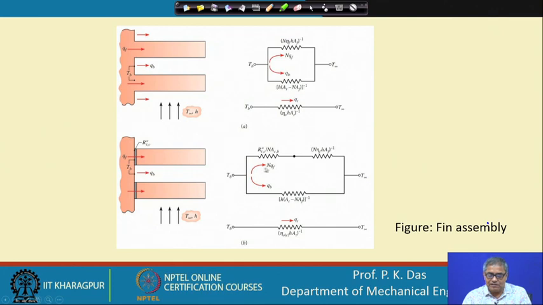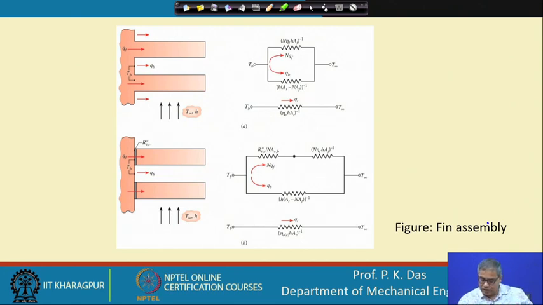So, here you can see that this contact resistance of the fin is coming. So ultimately again we can get a thermal circuit like this. All these things are important when we are doing the design of a finned heat exchanger.